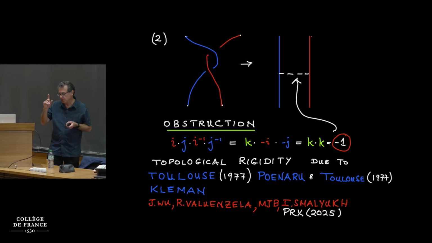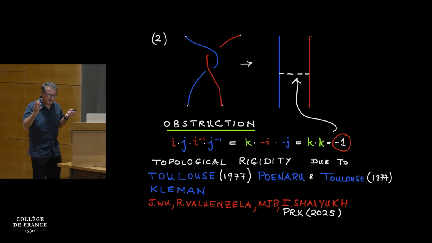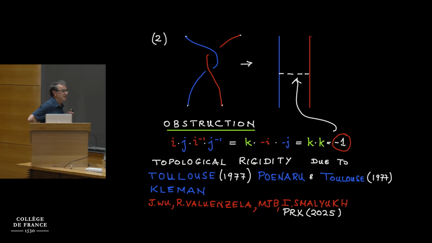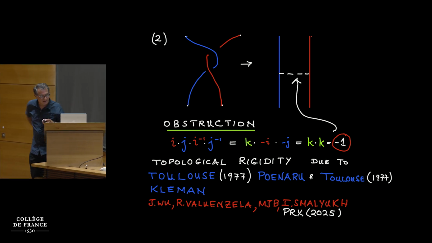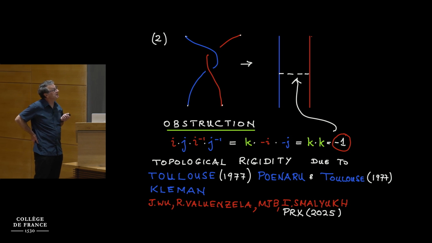Unlike the uniaxial case with the Z2, or all these integers, superfluid helium, filaments, superconducting vortices, and so on, if you try to pull j across i, like this, a braid kind of structure, you can compute with a bit of work. This was done, again, by Toulouse and Poenaru back in 1977.